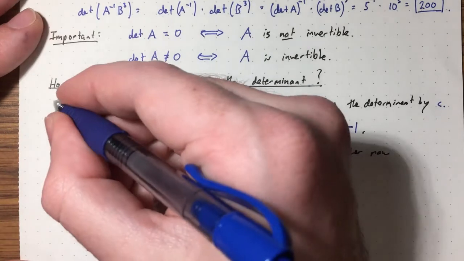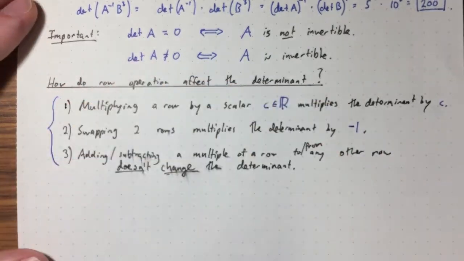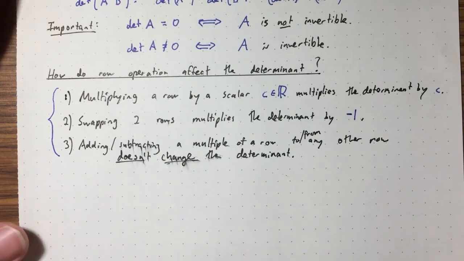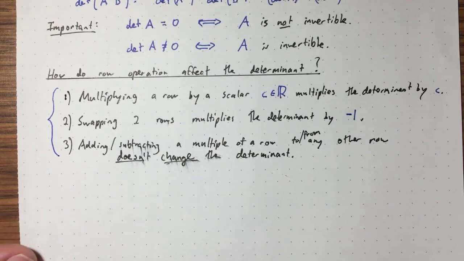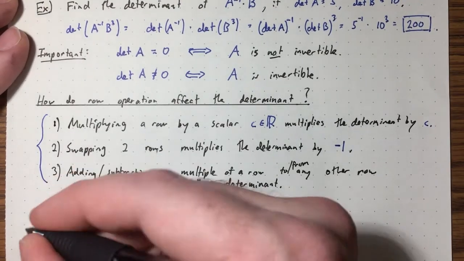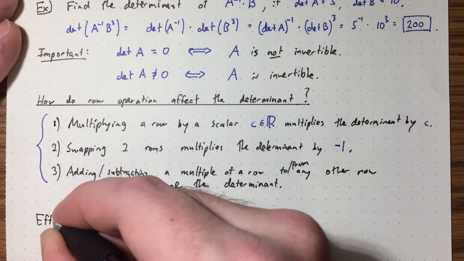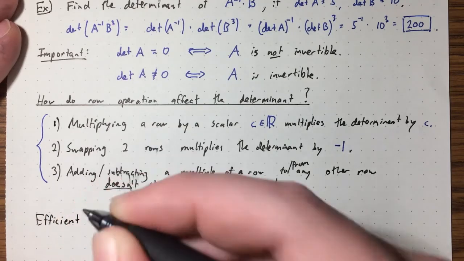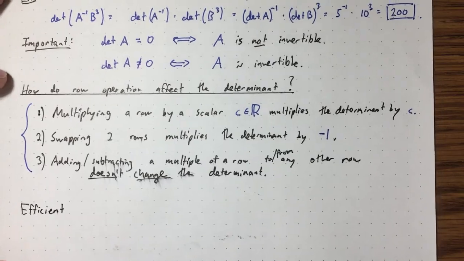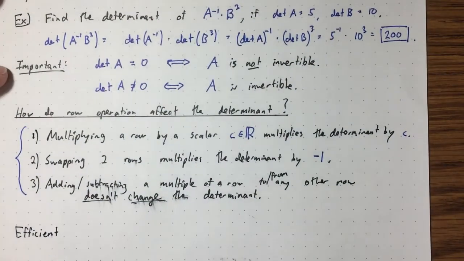Okay, so these are really important. Why are they so important? This actually gives a really efficient way to calculate determinants. So here's an efficient way, and this is how computers, well, I shouldn't say for sure this is how computers do it, but this is one way that computers can do it very quickly, compared to at least the definition that we had.